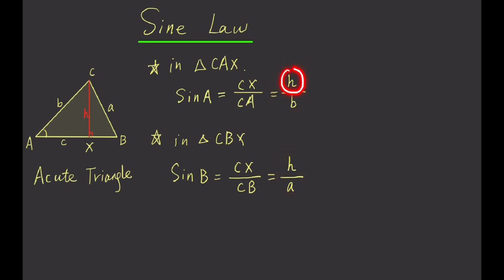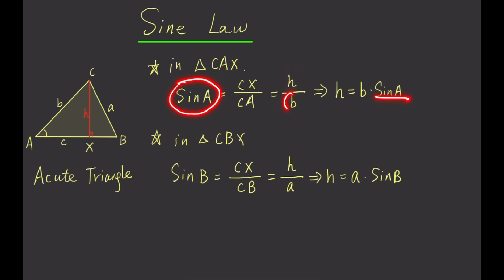You can find H is in the position of numerator, so we can rearrange this expression like H equals B times sine A. Here, H equals A times sine B. This is the numerator, this quotient times the denominator.